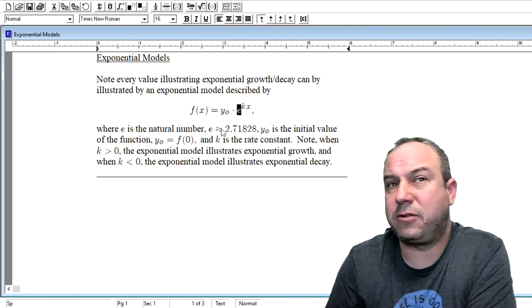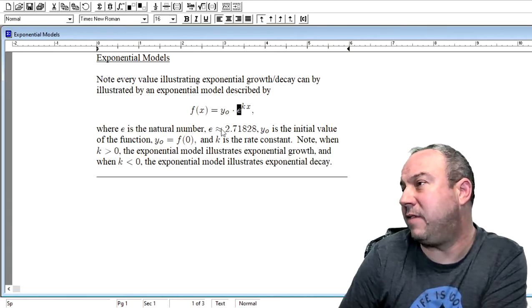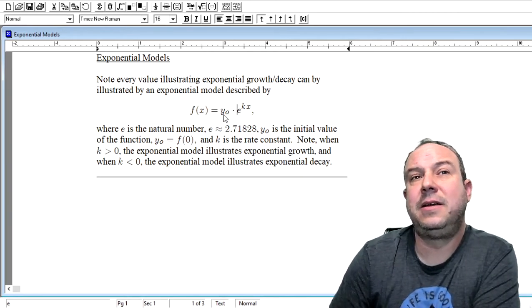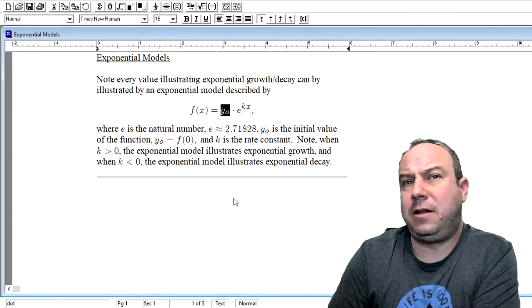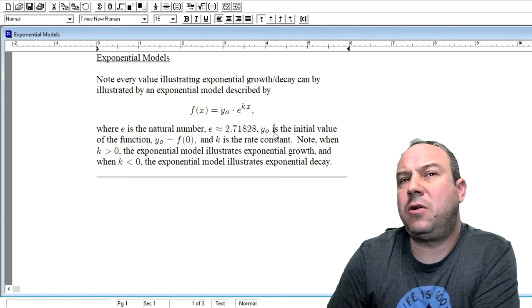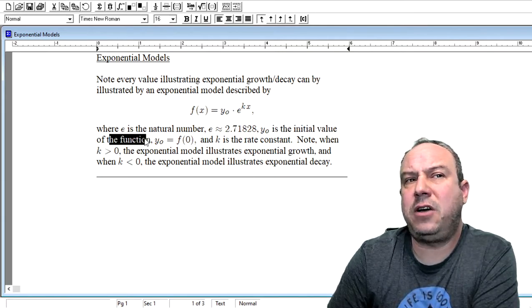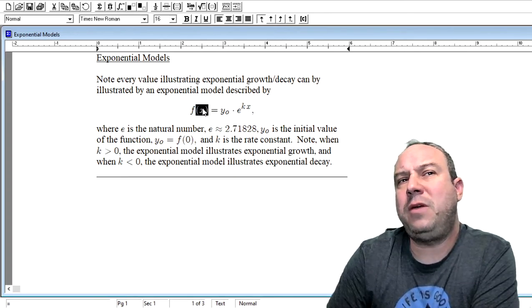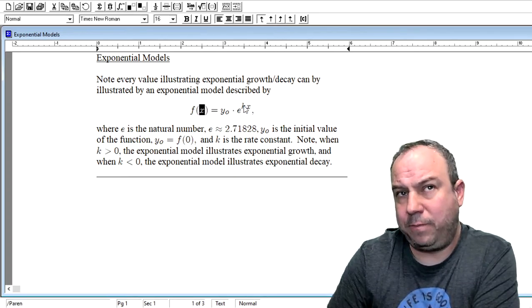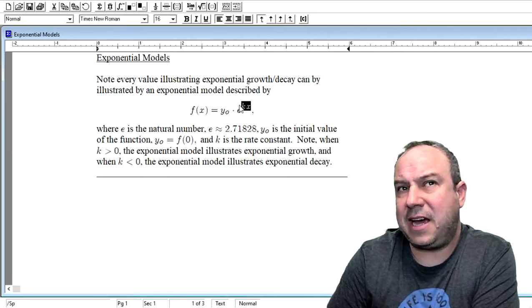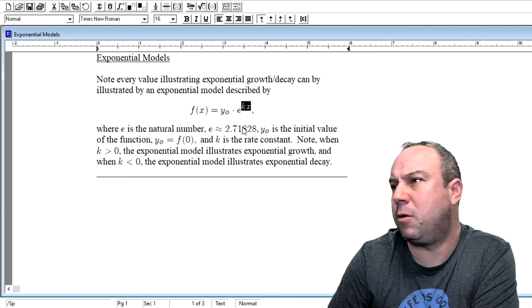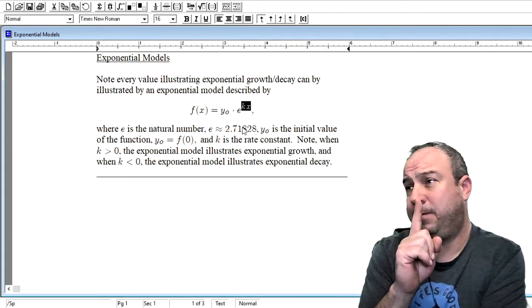Again, e is our natural number in this model. It is about 2.71828 in value if we were to go out to several decimal places. Y null in the model is what's known as the initial value of the function. As noted, x is the independent variable. And if we make x equal to 0, you will have k times 0, or 0 as this power, and you will have e to the 0 power, which is equivalent to 1.